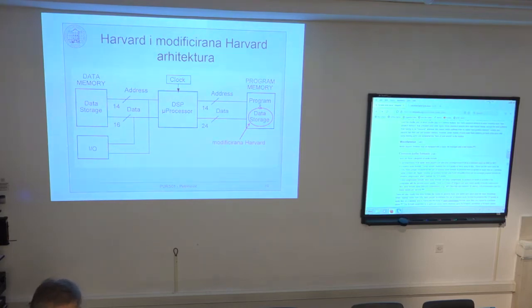So in the same cycle, it can fetch the instruction code from program memory, but in another half of this cycle, it can fetch a data value from the same memory over the same data bus. So for the programmer, it looks like the instruction fetch and data fetch are performed simultaneously.